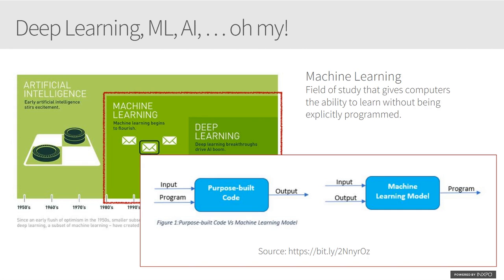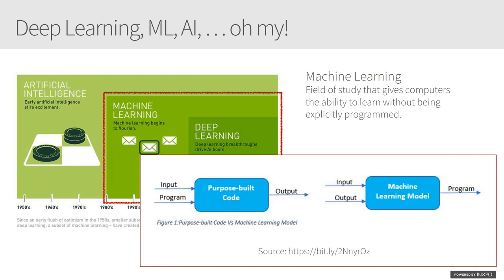And so this is some of the cool stuff that AI can do, okay? So when we go further downwards, then we can talk about machine learning. Machine learning itself, from a high level, is basically the field of study that gives computers the ability to learn without being explicitly programmed. And a good graphic is here on the bottom: if you look at purpose-built code, where you've written code specifically to do a particular task, what typically happens is that you have an input and you have a program.